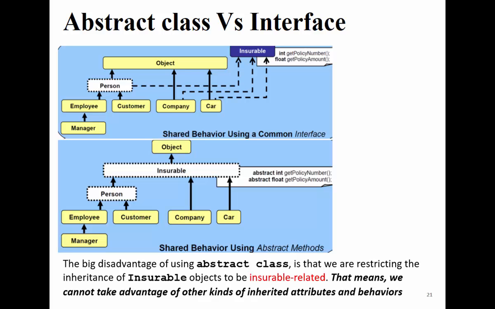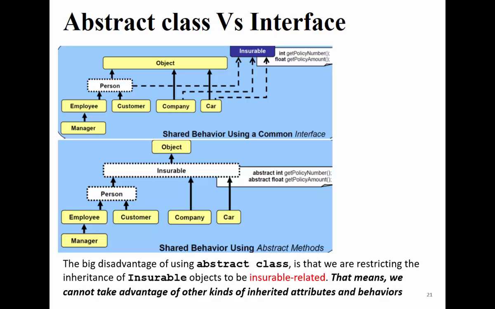But there is one thing here we can highlight. If we decide to make Insurable an abstract class, that means we're going to insert it inside the Java hierarchy, and we need to extend it. Yes, we don't need to create an object from the Insurable interface, because it is abstract. Yes, the Insurable interface we cannot also extend.